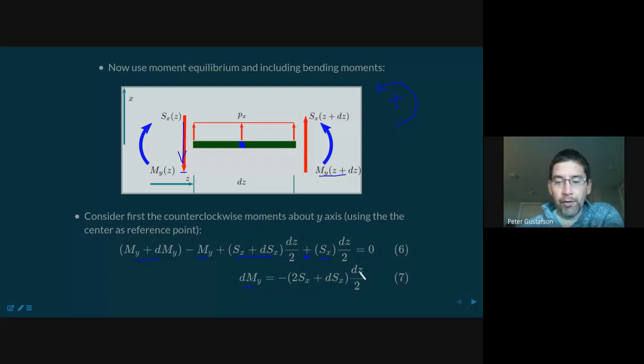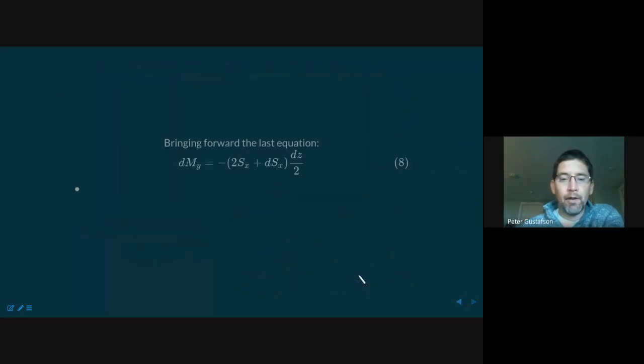I anticipate you guys can anticipate what's coming next, and that is, of course, to divide by dz. So this is just the last equation. You already wrote it down. It's worth noting that in the limit, as dz goes to 0, dS also goes to 0, and this essentially disappears. Then, of course, I divide by dz.